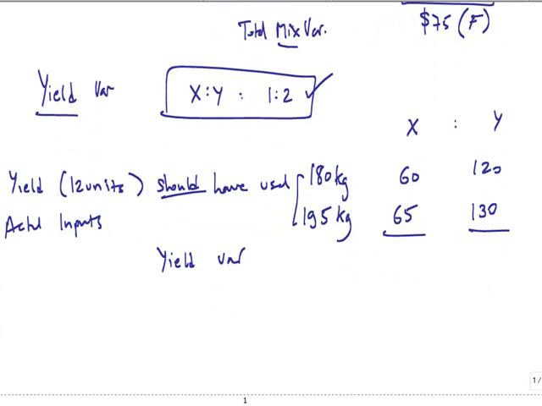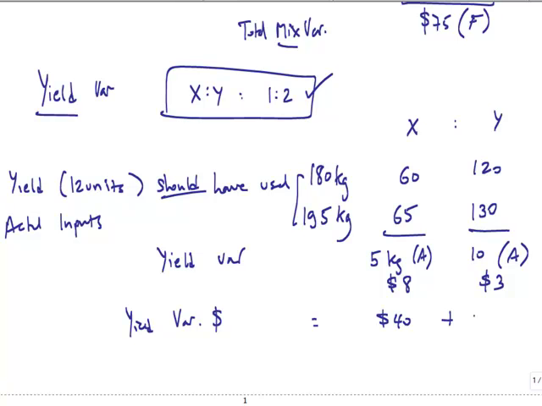It's 5 kilograms adverse for X and 10 kilograms also adverse for Y. If we convert these into monetary costs, the yield variance is $40 plus $30, both of which are adverse, so a total adverse yield variance of $70.